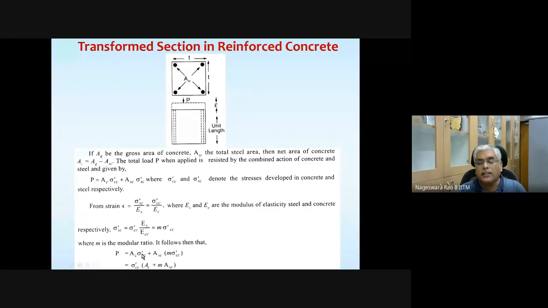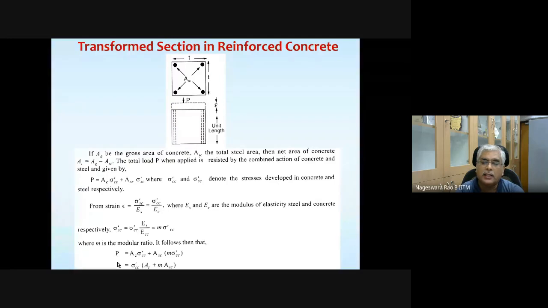Because sigma CC prime is here and sigma CC prime is here, P, the load applied, is equal to sigma CC prime multiplied by AC plus M times ASC. What is that? Equivalent area, or transformed area, in terms of concrete alone.